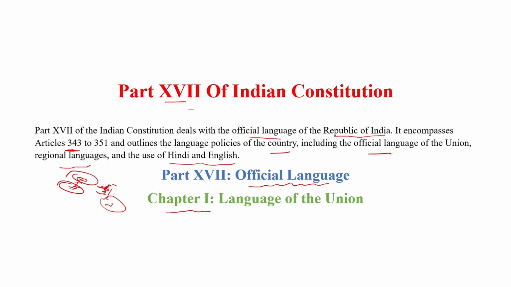Now we have to discuss chapter 1, which relates to the languages of the union, and in this chapter we have to understand articles 343, 344 and 345. Let's move to chapter 1, languages of the union.